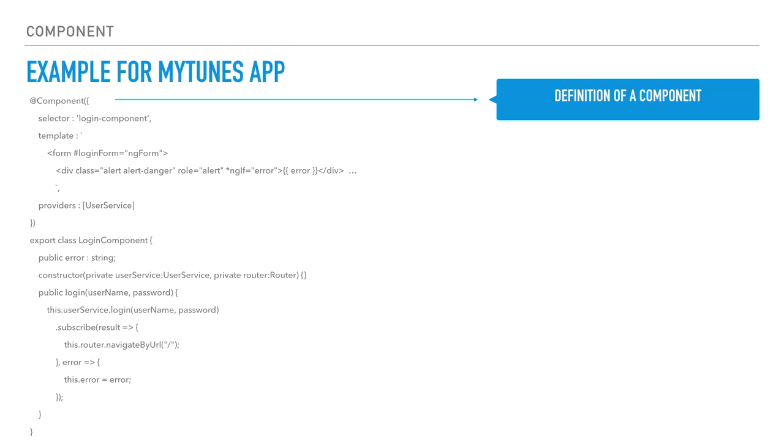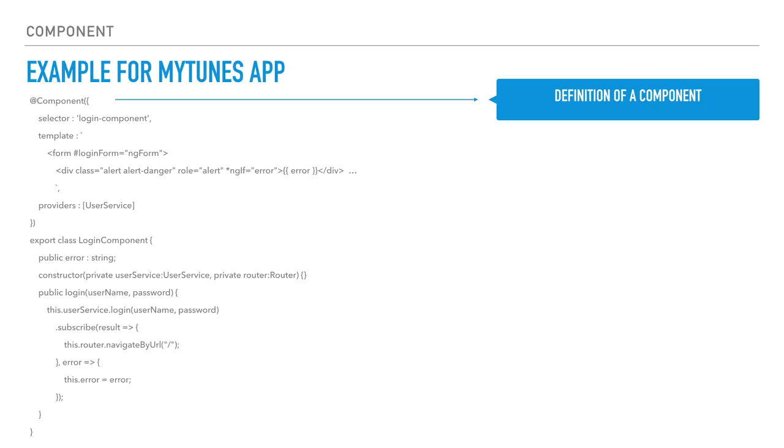First of all, when we see the at symbol in Angular 2, we know that this is a decorator. A decorator will modify an ES6 class or a TypeScript class, as we can see in this example. So we have a decorator that defines, okay, this is our component. This is the first line.